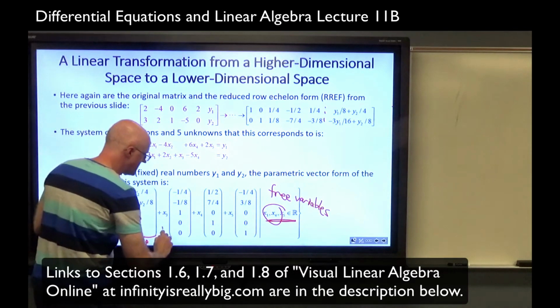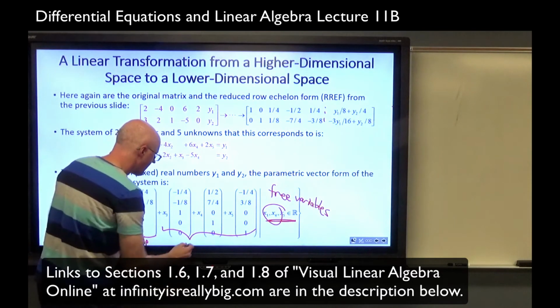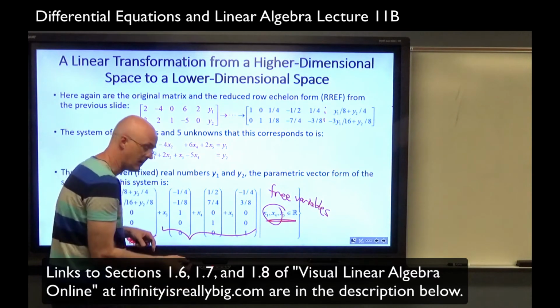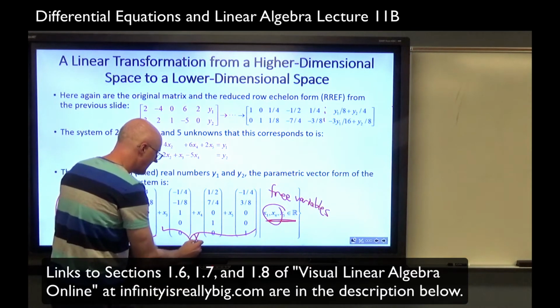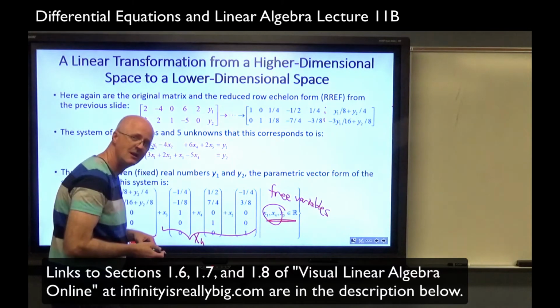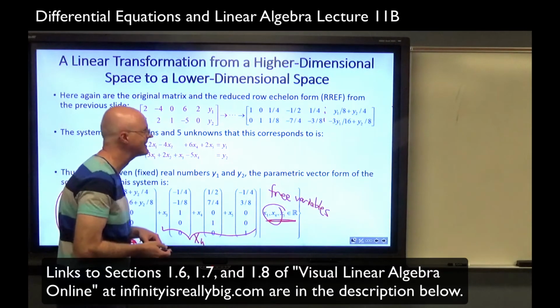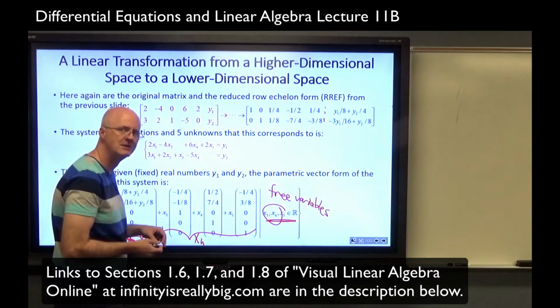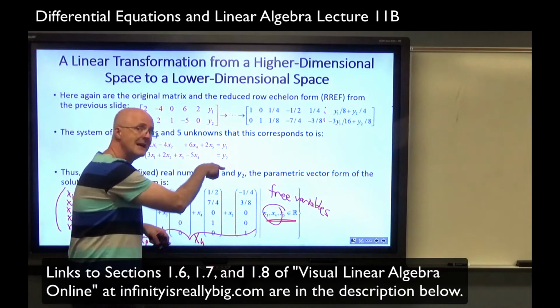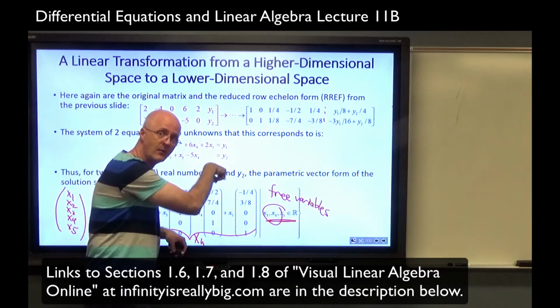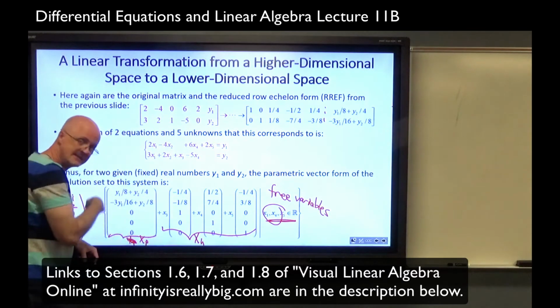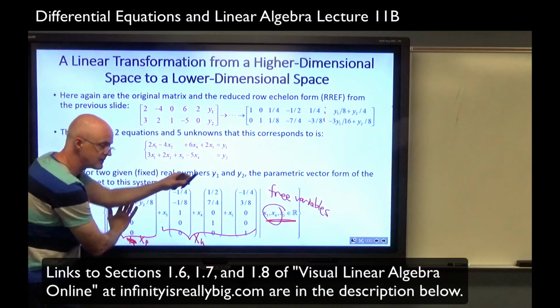And this summation right here, where x3, x4, and x5 are arbitrary, you might call an XH, solution of the corresponding homogeneous equation, where the right-hand sides are 0. y1 and y2 are 0. That would make this a 0 vector here, and you could just write the solution like that.